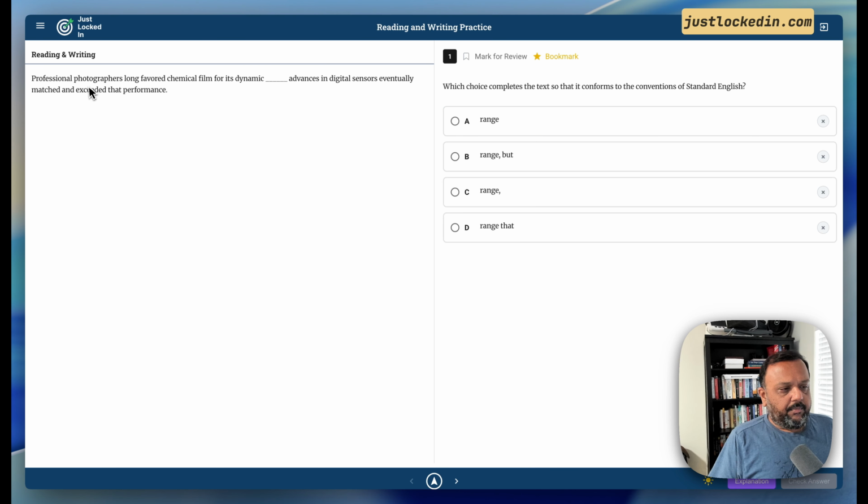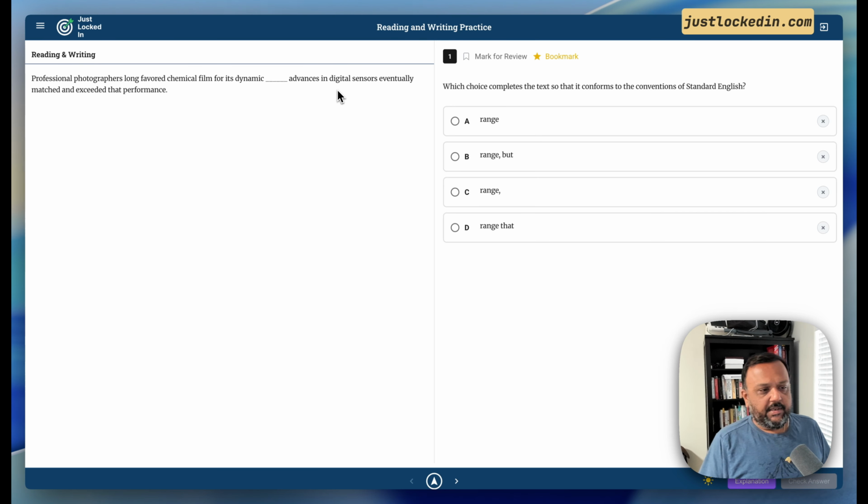So what does the sentence say? It says, hey, the photographers long favored chemical film for its advantages. However, advances in digital sensors eventually exceeded that performance, and therefore it rendered whatever advantage chemical film had not applicable anymore.